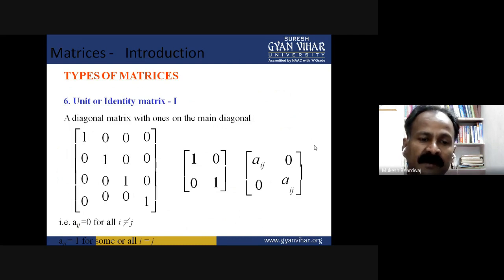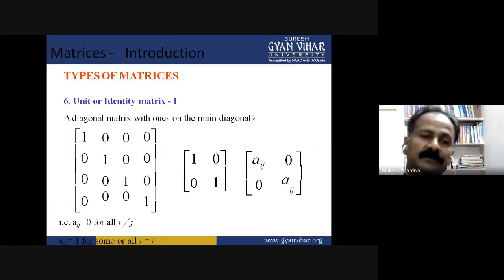That is, Aij equals 0 for all i not equal to j, and Aij equals 1 for some or all i equals j.